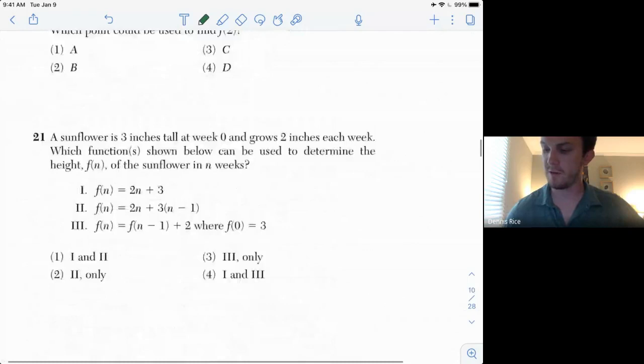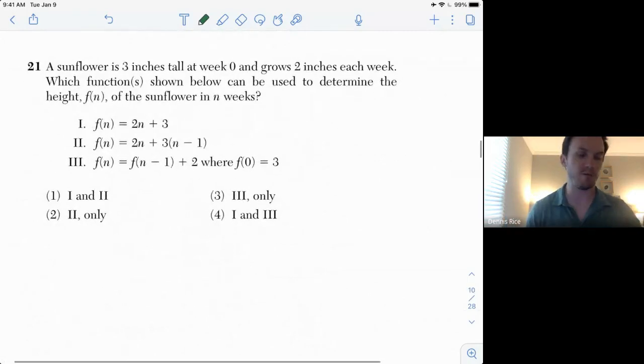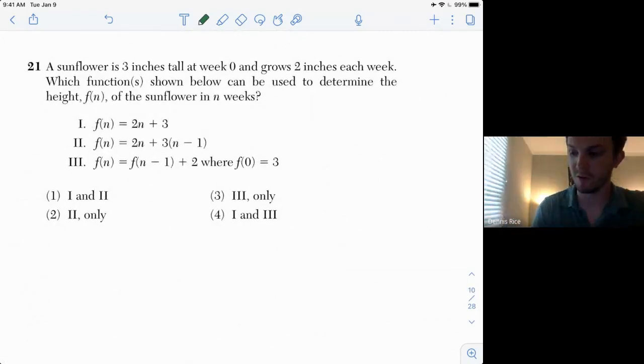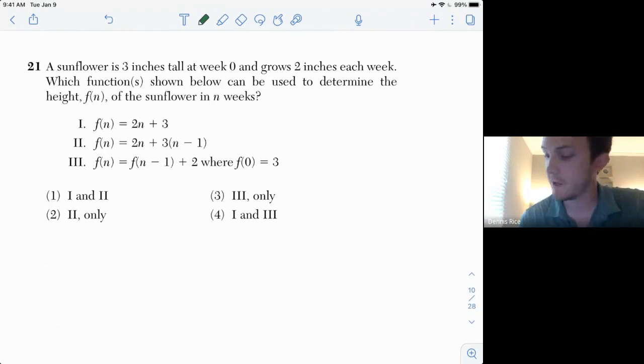Okay, so for 21, I'll let you guys read it. These are kind of common. We've seen this trend, this Roman numeral question. So I'll give you a minute, catch my breath. Number 21, read it and weep.